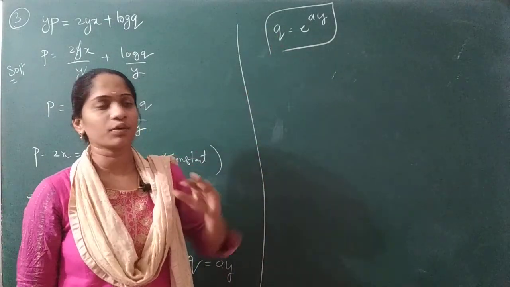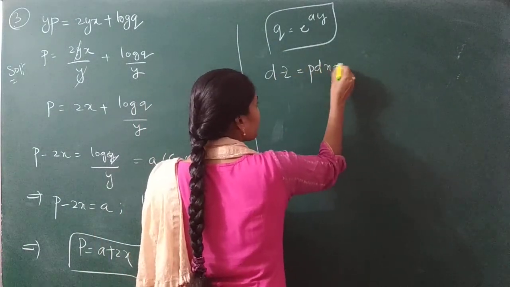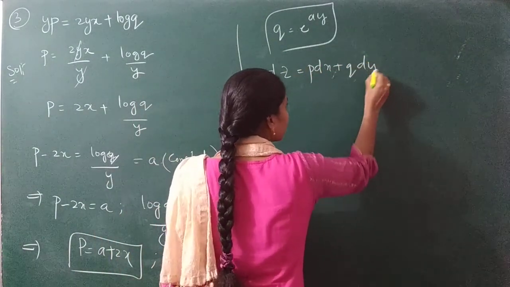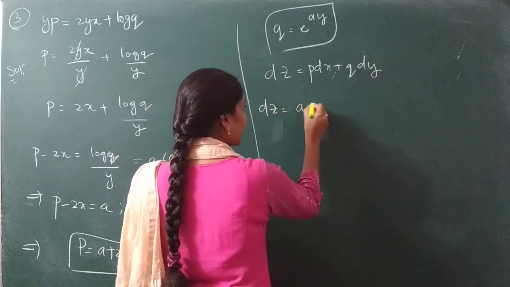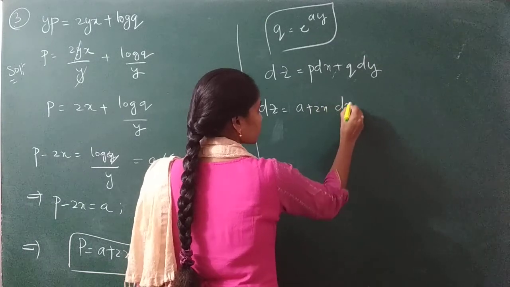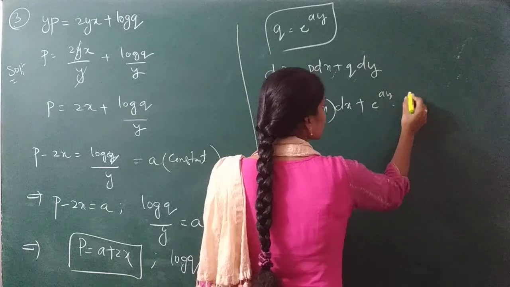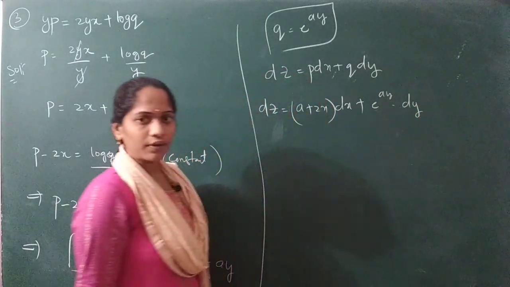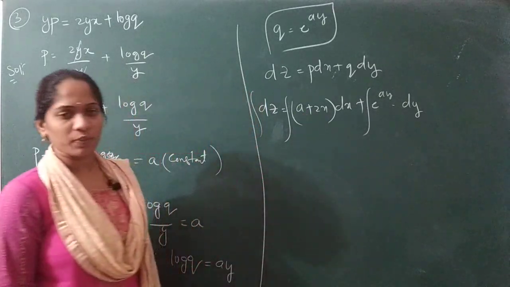Next, what you have to do? You have to substitute dz is equal to p dx plus q dy. Now dz is equal to, what is the p value? (a plus 2x) into dx plus e power ay into dy. Next, what you have to do? You have to integrate each and every term with respect to x, y.